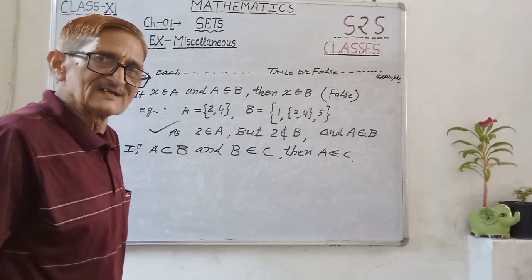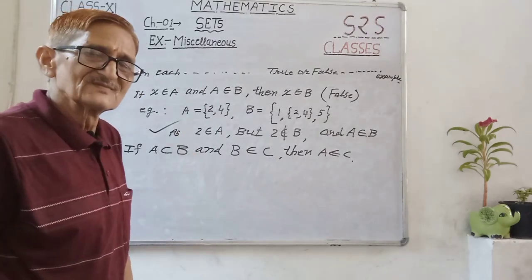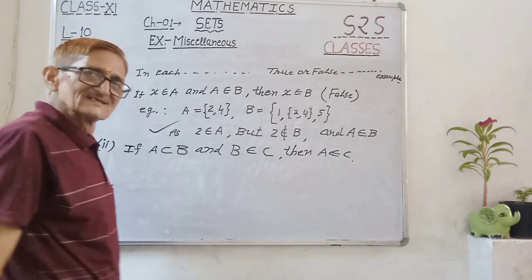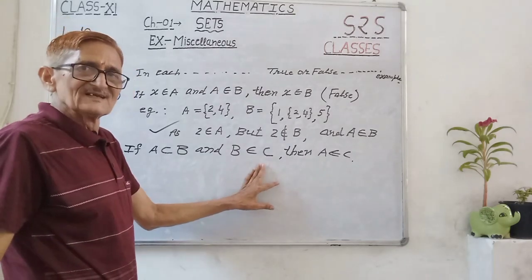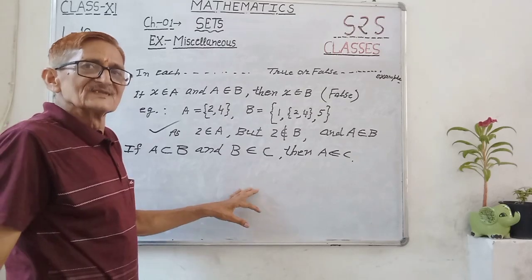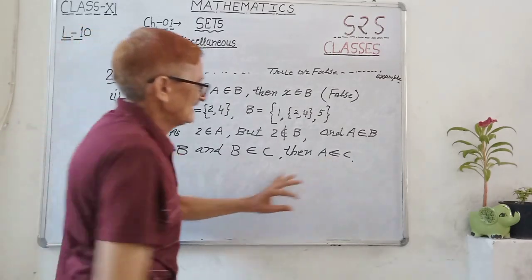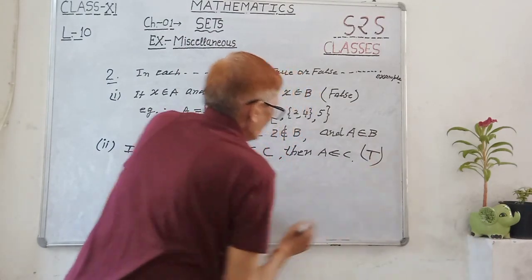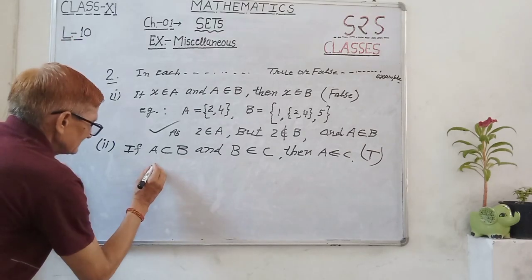Set A belongs to set C because set A is the subset of B. Understand? So it means set B, the full set, is the element of C. So it means definitely it will be true. How can we prove it? A is the subset.